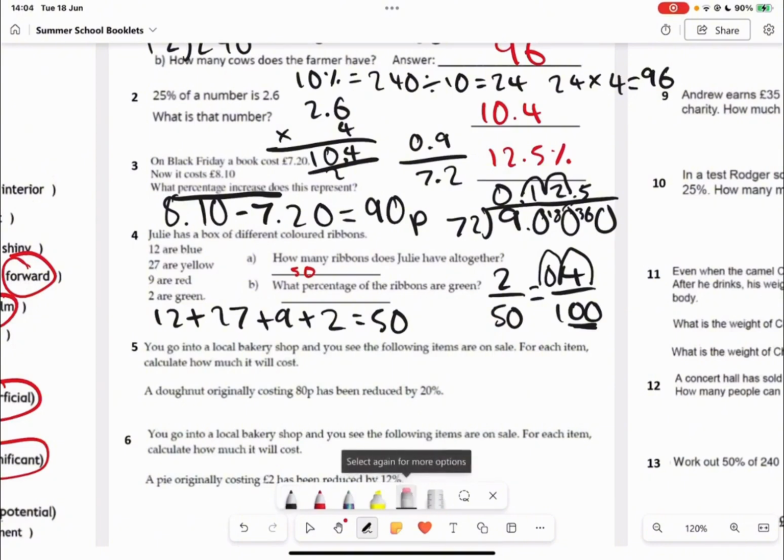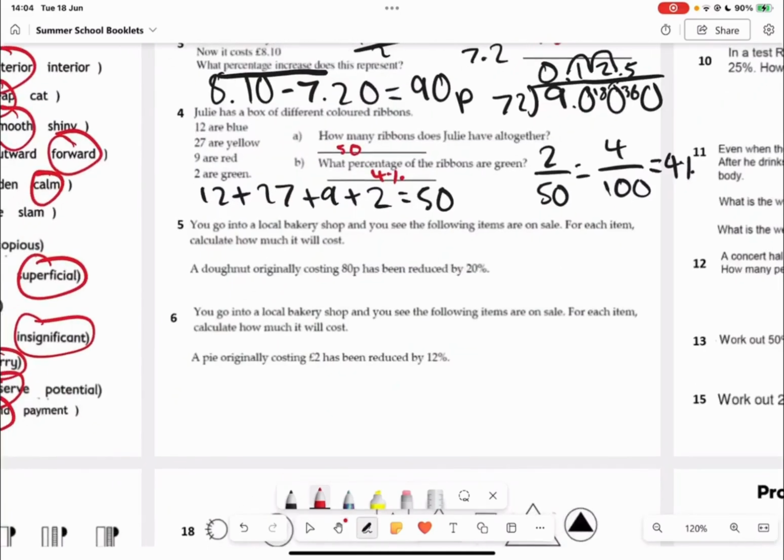The fraction is 4 over 100, so the decimal is 0.04, because we move the decimal place twice to the left as there are 2 zeros. All you're doing then is multiplying by 100, which gives you 4. So here we have 4%, which is our answer to 4B.